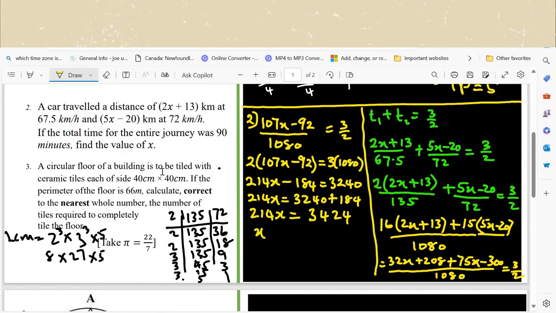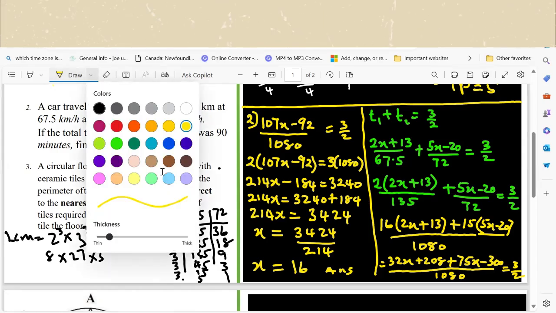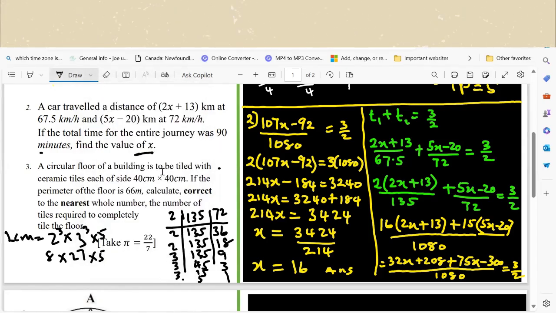So when we divide by 214, x will come out as 16. And that will be the required answer. Here we are asked to provide the value of x, and we have seen that x is equal to 16.